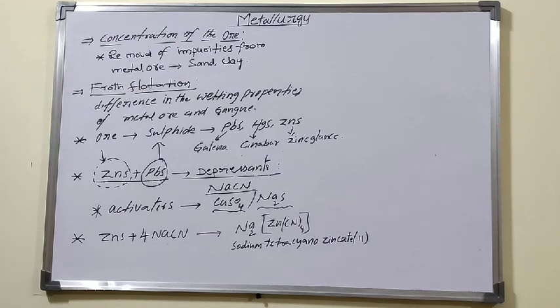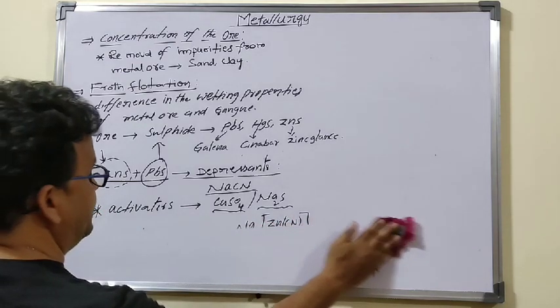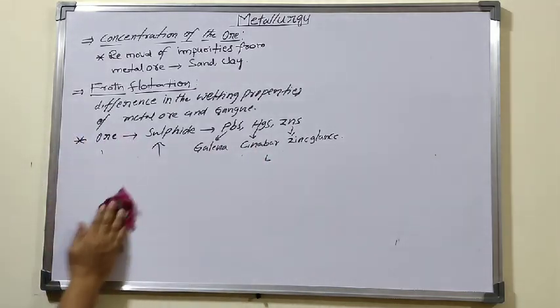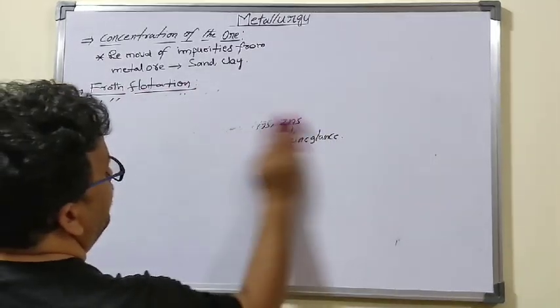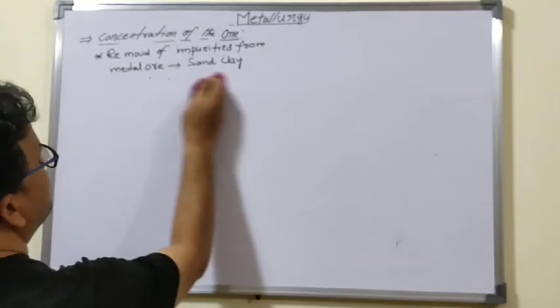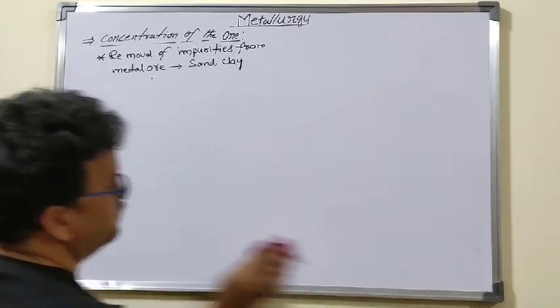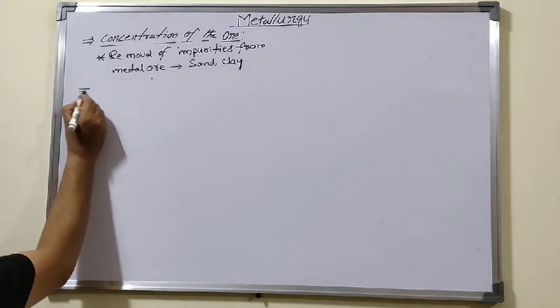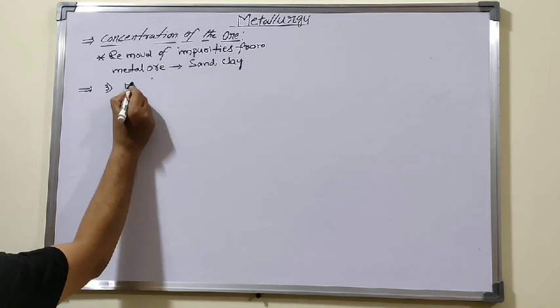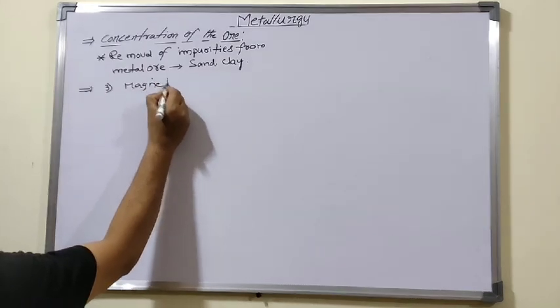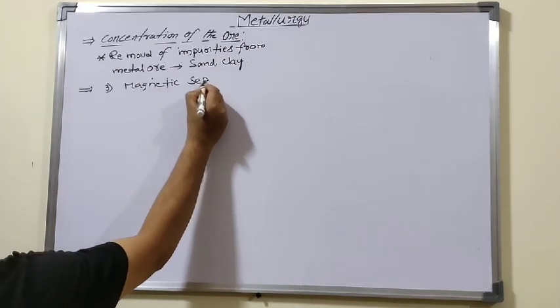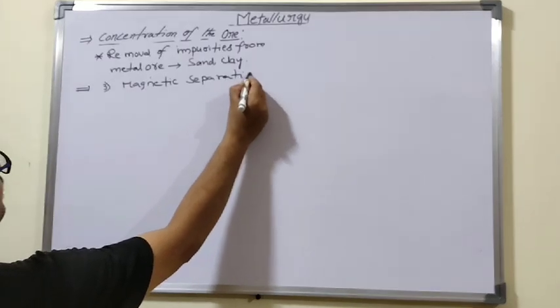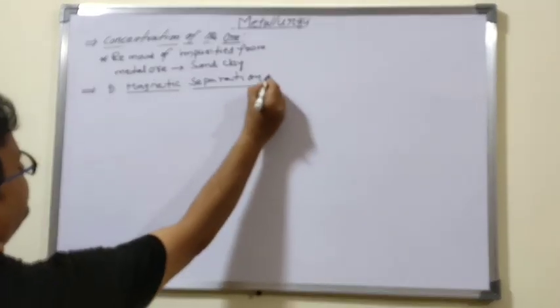This is the froth flotation method we have. Next, magnetic separation. How is magnetic separation carried out? Let me discuss. Magnetic separation is a very easy method. What is the basic property we are using?